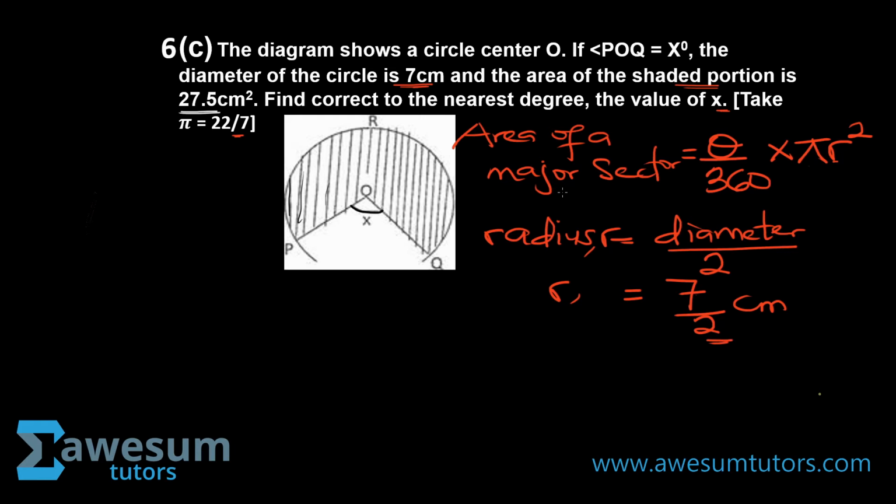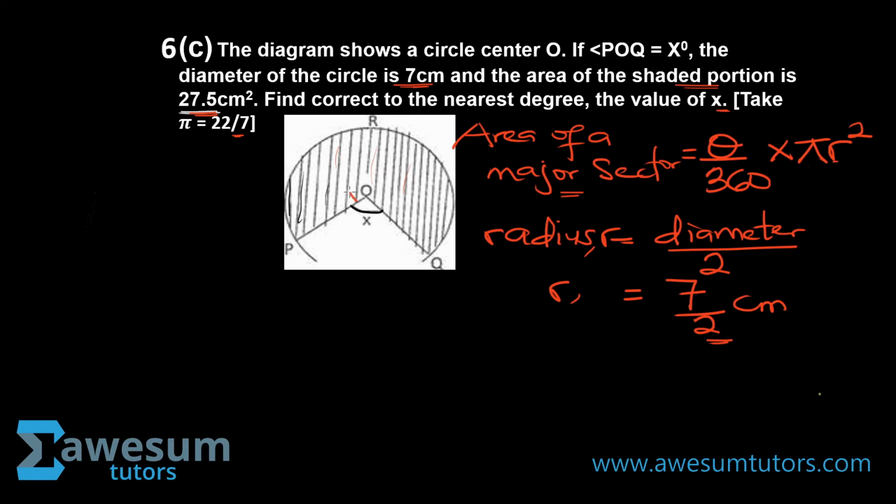You have been told that the area of the major sector is 27.5 centimeters square. Now take note, we are looking at this shaded part, right? So what is the angle that shaded part is subtending, or what's the angle of that major sector?